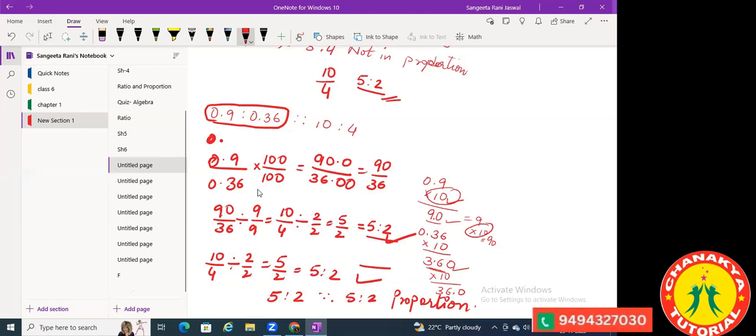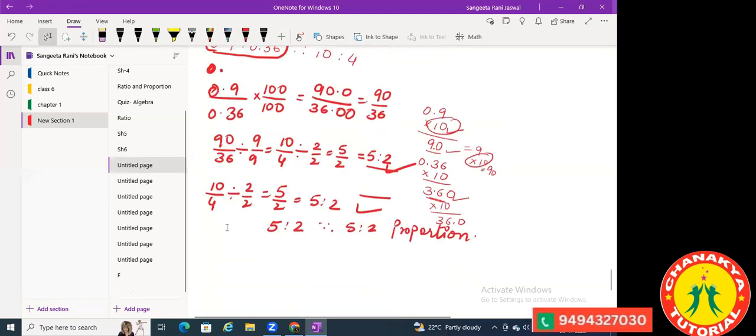So only if I multiply with 100 will I get 36, no? But the number has to be the same for both numerator and denominator. So that's how I chose 100. Okay? Understood now? Yes, ma'am.